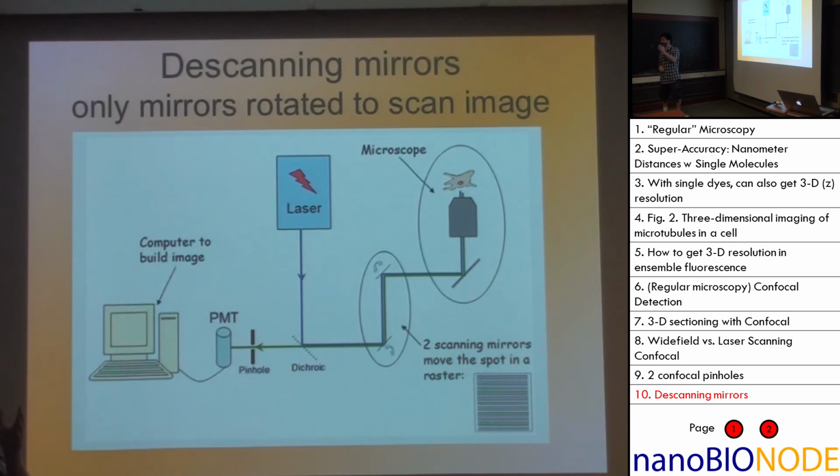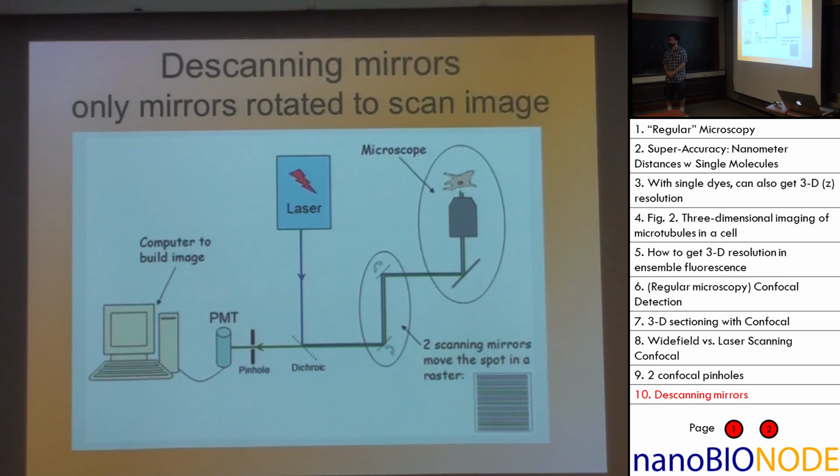Well, 1,000,000 seconds is a long time. But if you actually can move it in a matter of microseconds, then you're doing a lot better. And that's basically why you don't want to have a moving sample.